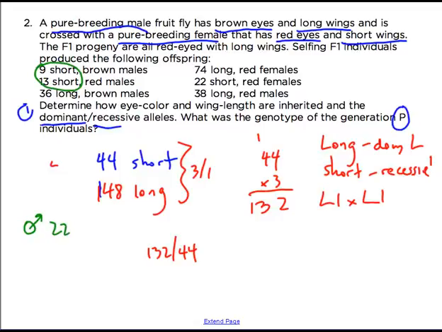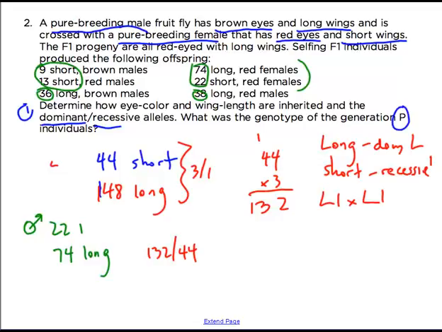We have 22 short, which is little l, and 38 and 36 is 74 long, right? Basically a 3-to-1 ratio. And there's only 2 categories of females here, 74 and 22. Look, they made the numbers identical. So the point of that is there's no difference between males and females.